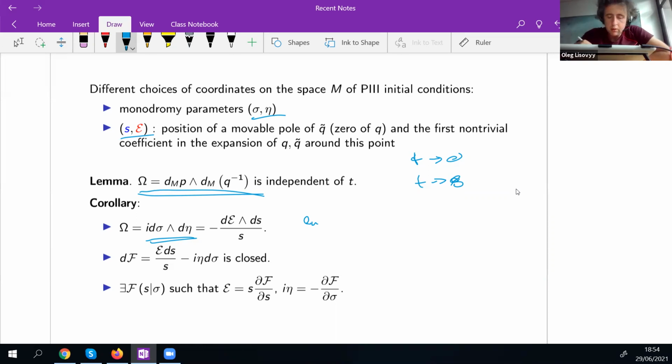So basically, what we are writing here is that this function F is the generating function of the canonical transformation between these two pairs of coordinates. And recall once again that this is precisely the logarithmic derivative of the Mathieu accessory parameter with respect to time.